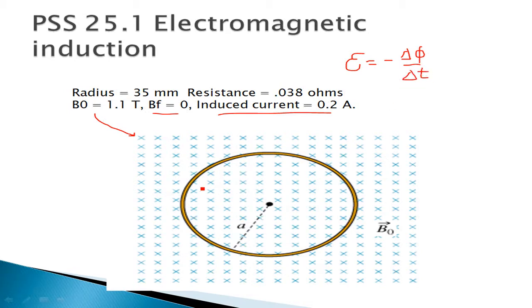Now, if this magnetic field is being turned off, the circle wire will have to create a current flow around that wire in order to rebuild the field that is diminishing. So we use our right-hand rule again. Remember our right-hand rule, take our right hand, and if the field is going into the page and it's diminishing, we want to come in and add to it.